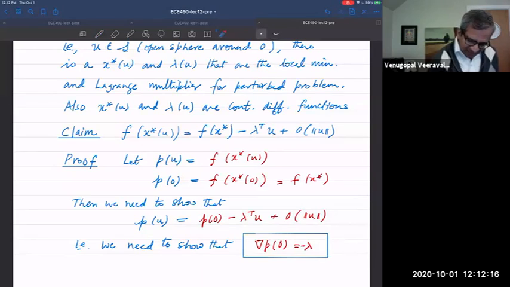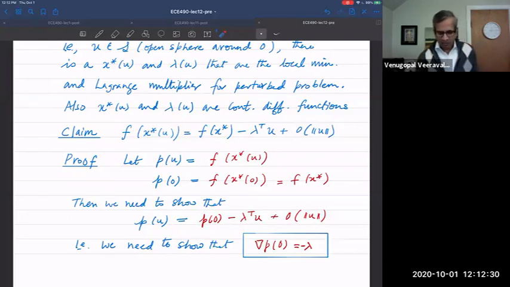Then P of u will be P of 0 plus gradient of P at 0 transpose u plus little o of norm of u. So we really need to show that the gradient of P at 0 should be minus lambda.